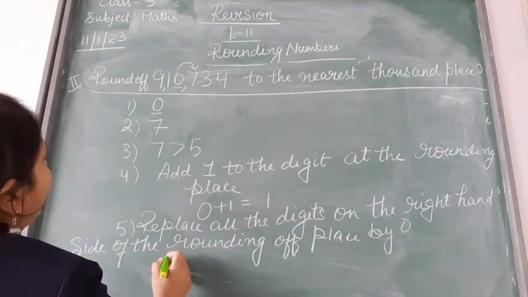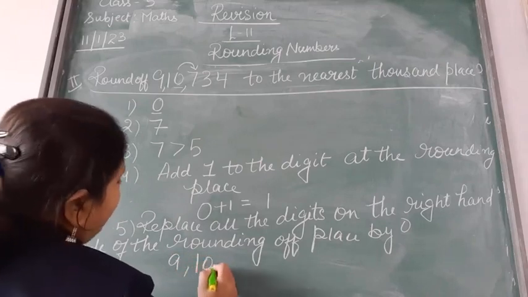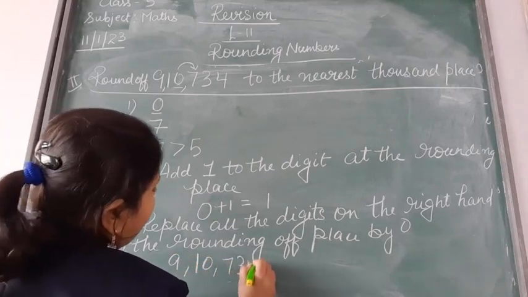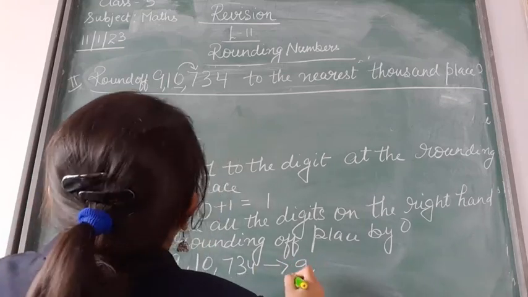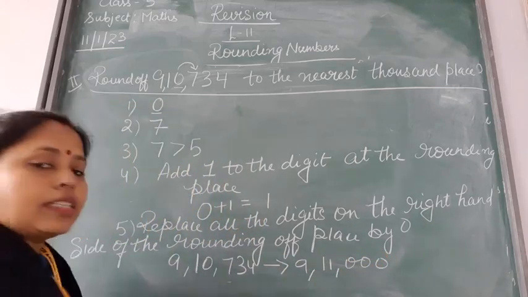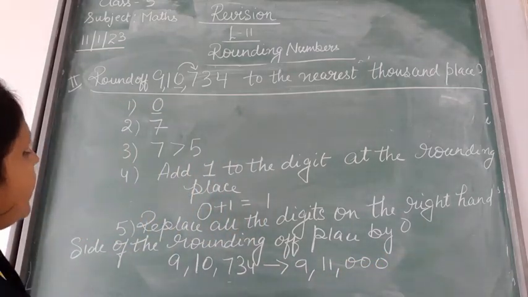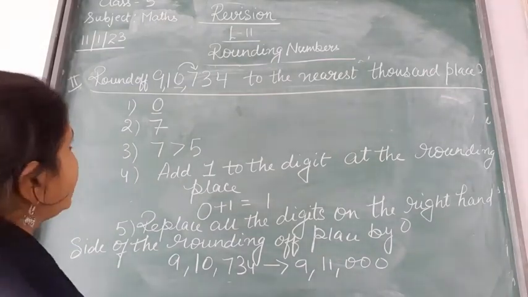So now our number, which is 9,10,734, will change to 9,11,000, right? So this number will become 9,11,000. So I hope you have understood this question.